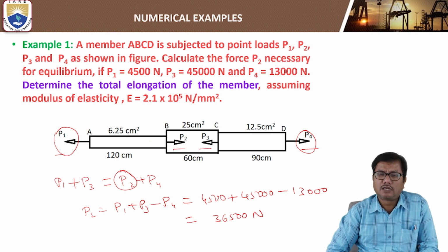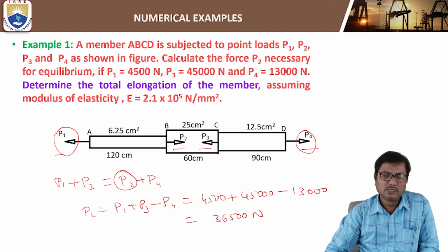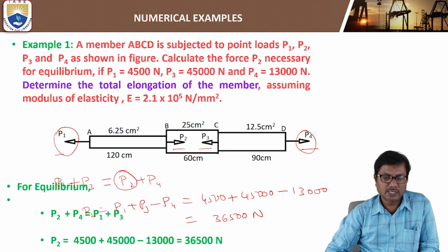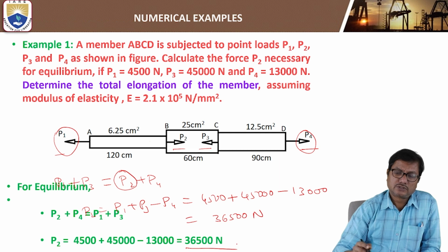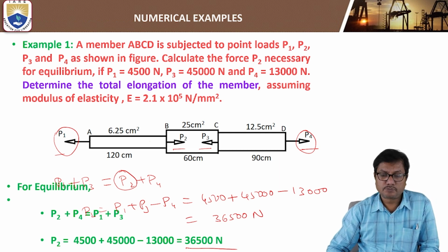Now we have to find the total elongation of the member considering each segment separately. So consider the free body diagrams of AB, BC and CD, and find the elongation of each of these segments. Is it clear? So the force P2 is 36,500 newtons.